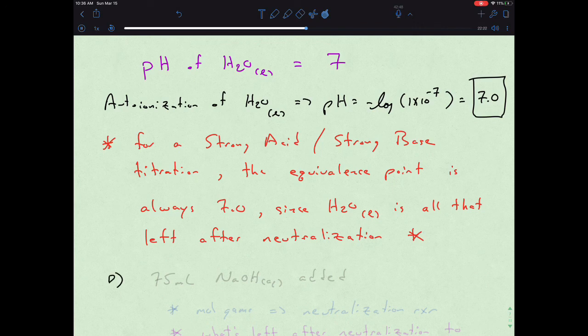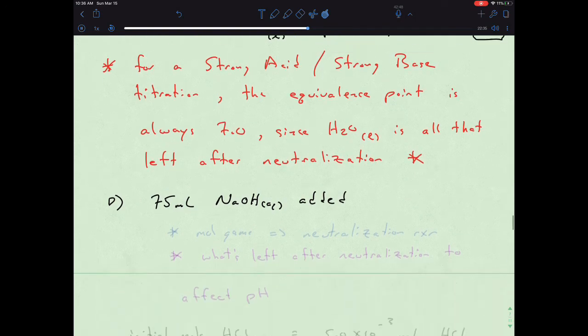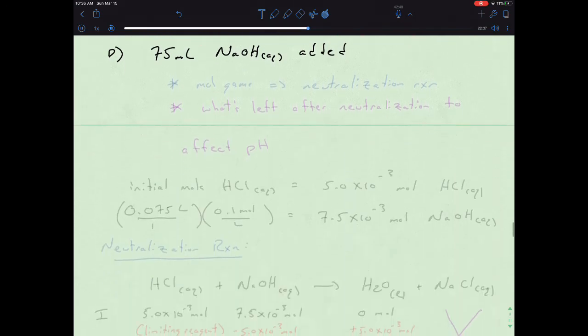For part D, now we've added 75 milliliters of that sodium hydroxide, right? So it's still the same process, right? We still have that idea of the mole game. We still have that idea of the neutralization reaction.